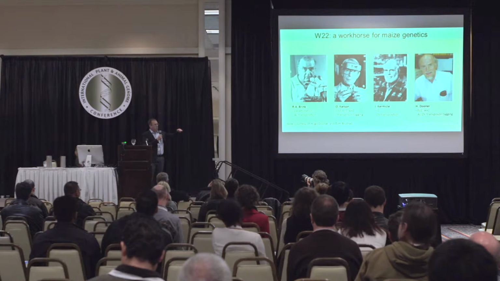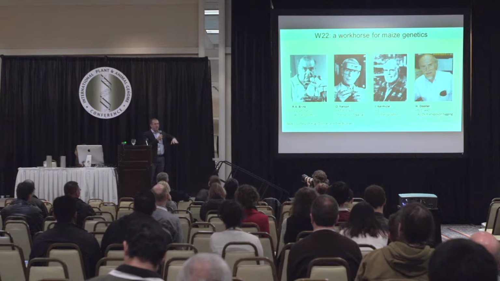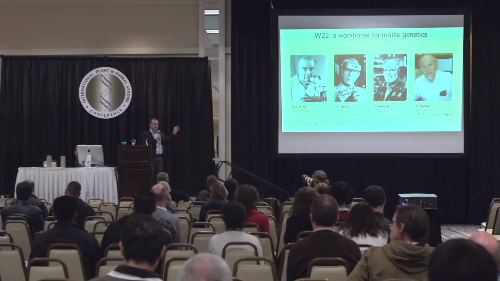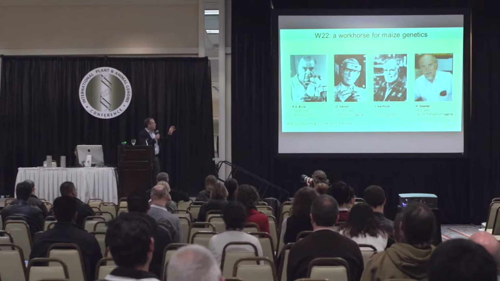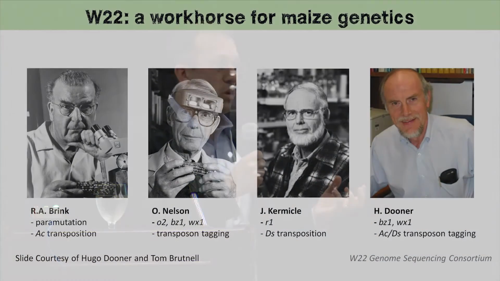It was about this big, and the tassel and the ear had good ASI, so they were basically ready to be pollinated at the same time. It was easy to work with. Because of Brink's adoption of W22, his colleagues and his students also used W22.